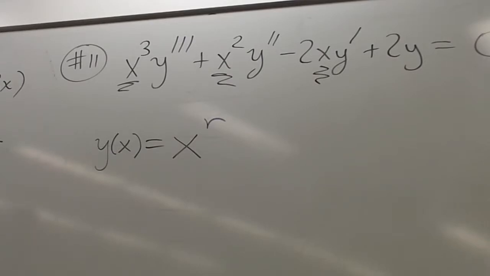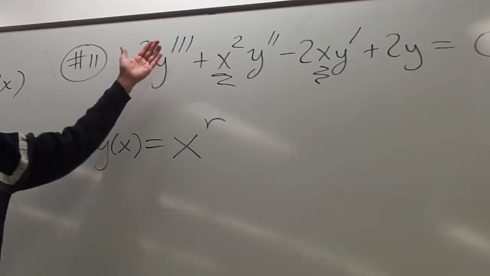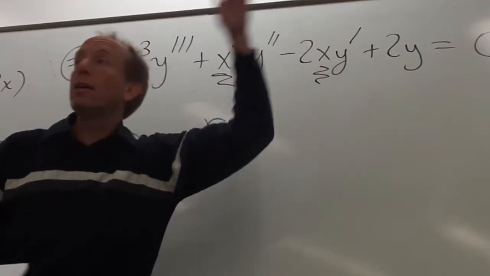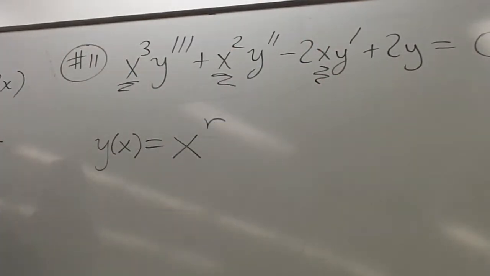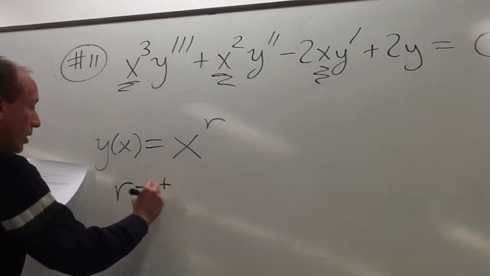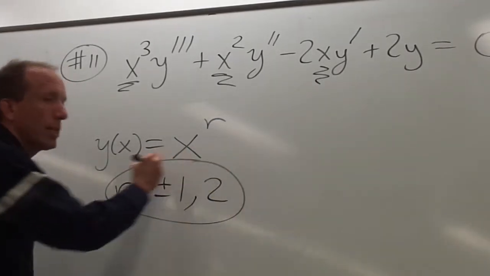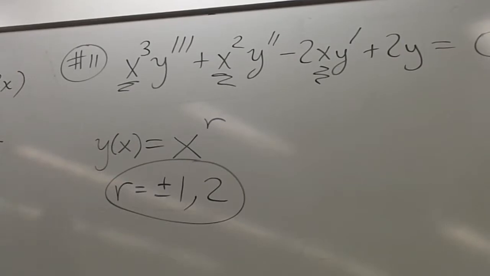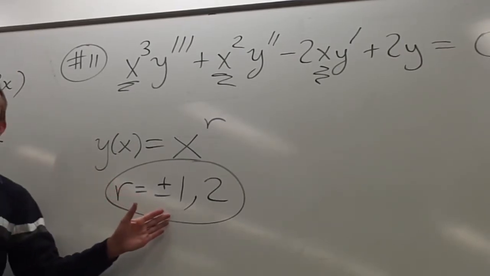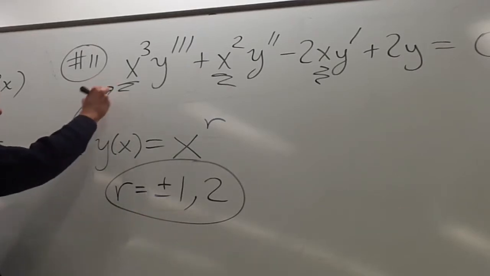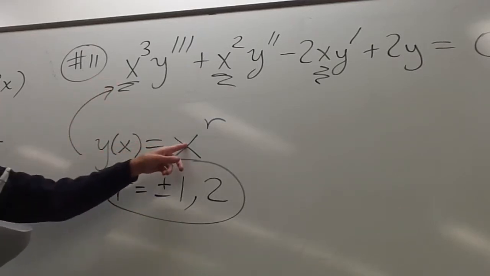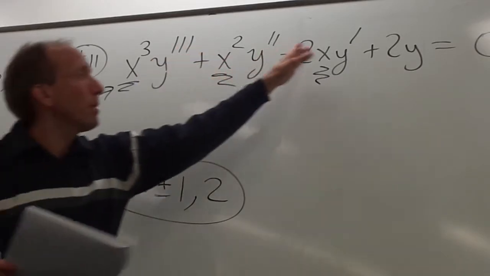Then basically what you're doing is you're going to take the derivatives of y, plug them in, and try to solve for r. In this particular case, I'll just tell you that you get the values of r are plus and minus 1 and 2. I'm going to skip a whole lot of the work and just come straight to the punchline here. You get that by plugging in for the various derivatives of x to the r in these various places here.